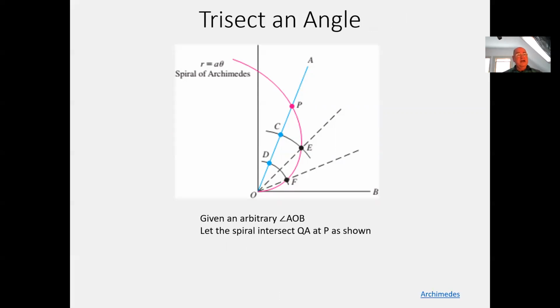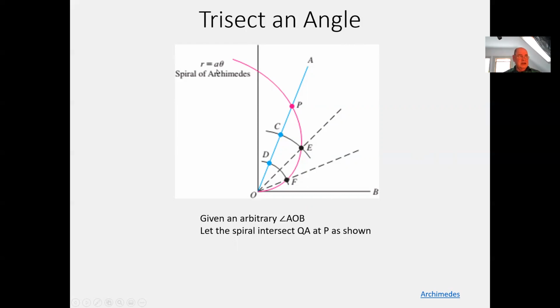Okay, last little thing before we start the main event, which is the sphere. Archimedes also gives us a way of trisecting the angle. Remember, the tridextrix was the way, the moving point. Well, he's also going to use his spiral to do this. And here he's just really playing around. This is kind of like nothing to him. But if you take a look at any arbitrary angle, here's the angle AOB, and here's a spiral being spun out.